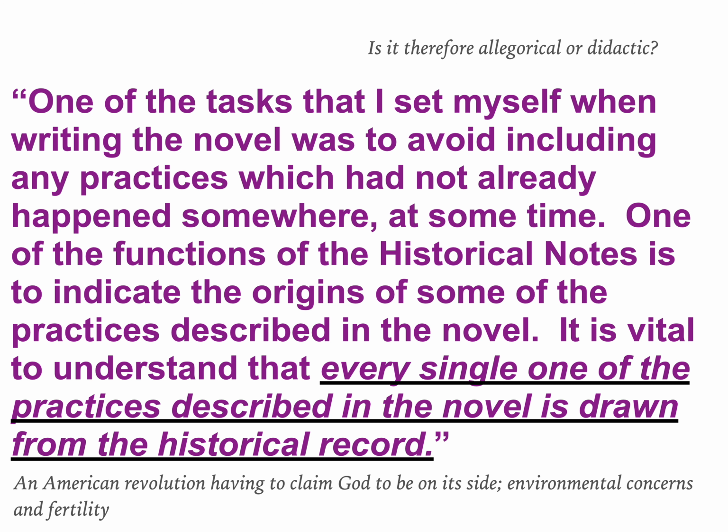One of the tasks that I set myself, says Atwood, when writing the novel, was to avoid including any practices which had not already happened somewhere at some time. One of the functions of the historic notes is to indicate the origins of some of the practices described in the novel. It's vital to understand that every single one of the practices described is drawn from the historic record.